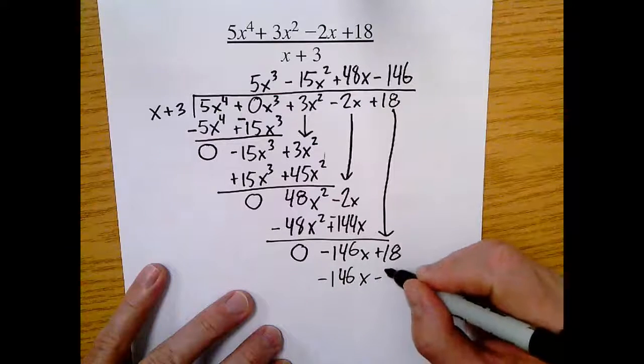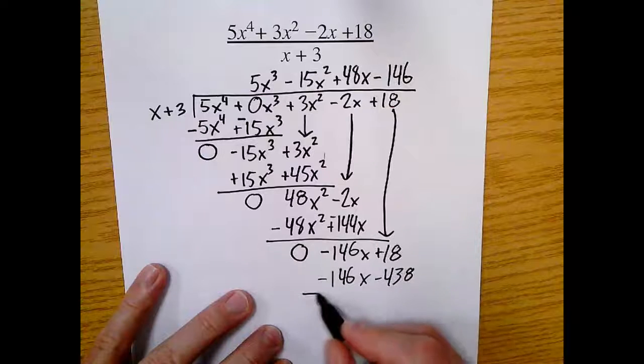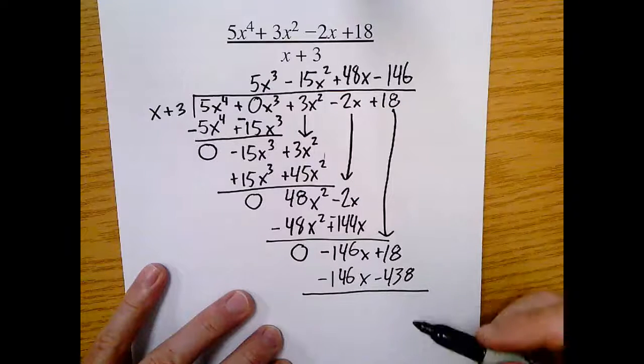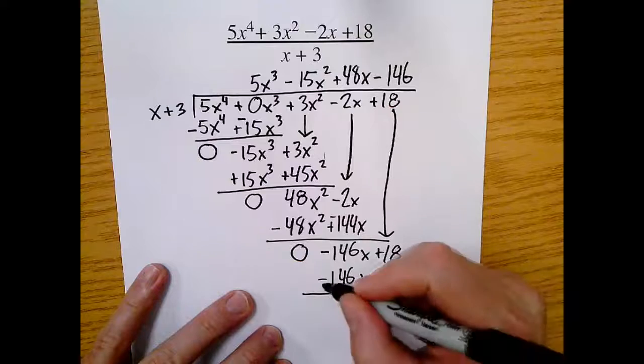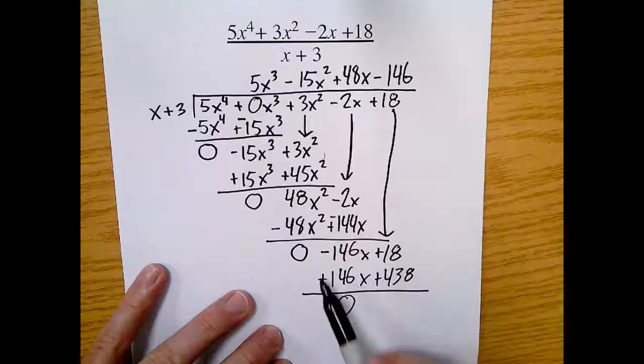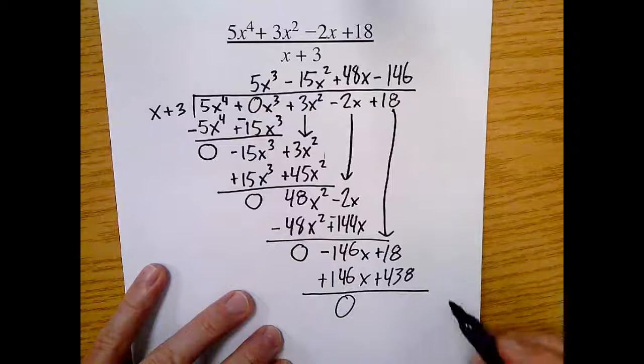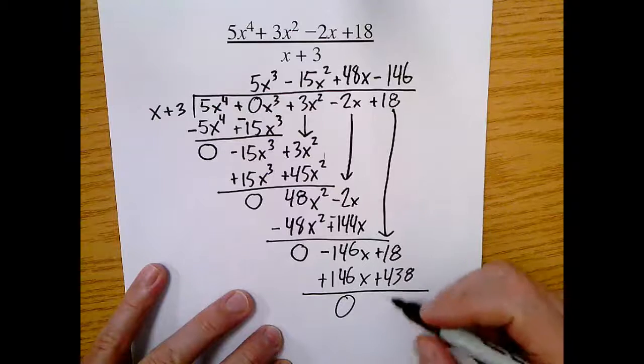So negative 438. Again, the next step is we subtract. So this becomes positive and this becomes positive. These become a 0 because a negative 146x plus a positive 146x, that leaves us at 0. Again, you're on the right track. And then we just say 438 plus 18, and we get 456.